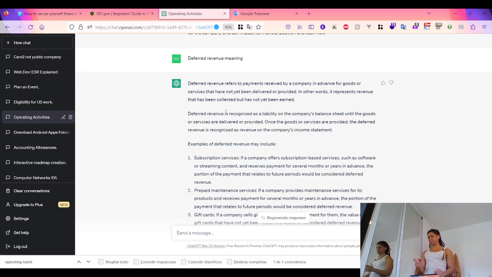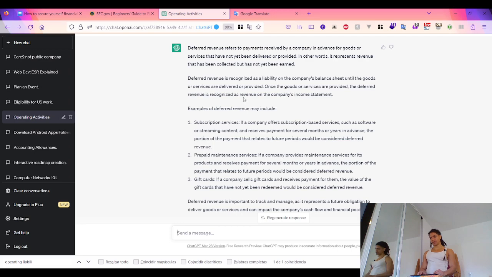Deferred revenue is recognized as a liability on the company's balance sheet until the goods or services are delivered or provided. Once they are provided, the deferred revenue is recognized as revenue on the income statement.